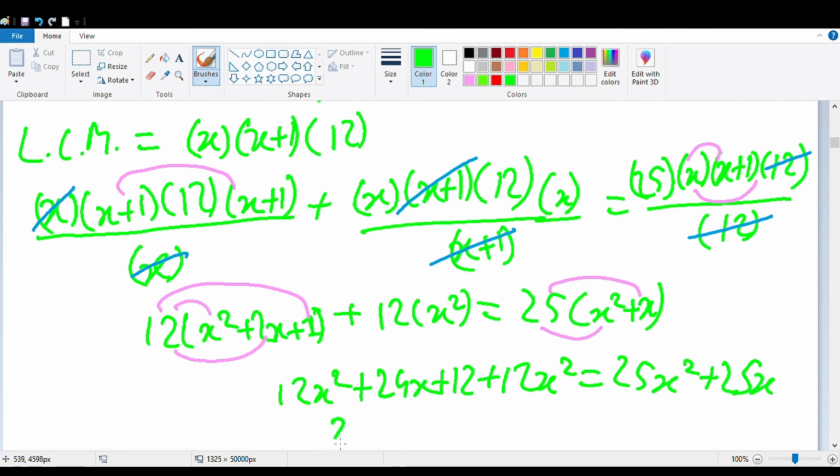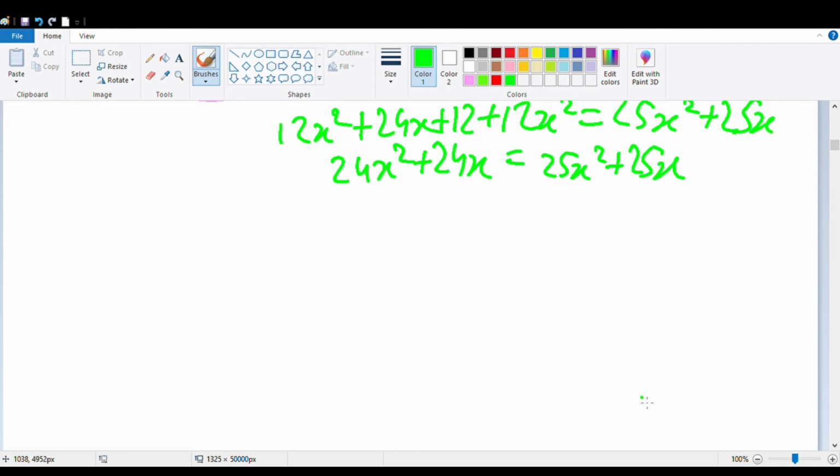So we get 24x squared plus 24x is equal to 25x squared plus 25x. We see that the coefficients of x squared and x are positive and are greater on the right hand side. So let's send all the terms in the left hand side to the right hand side.